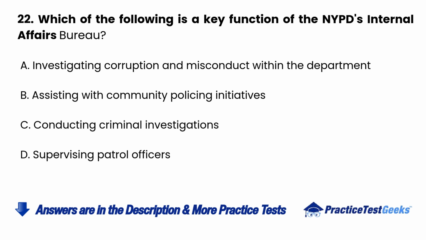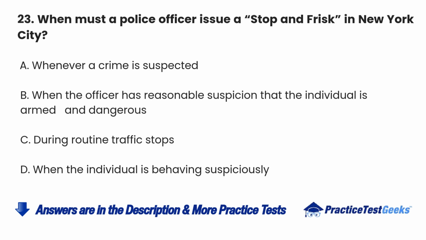22. Which of the following is a key function of the NYPD's Internal Affairs Bureau? A. Investigating corruption and misconduct within the department. B. Assisting with community policing initiatives. C. Conducting criminal investigations. D. Supervising patrol officers. 23.